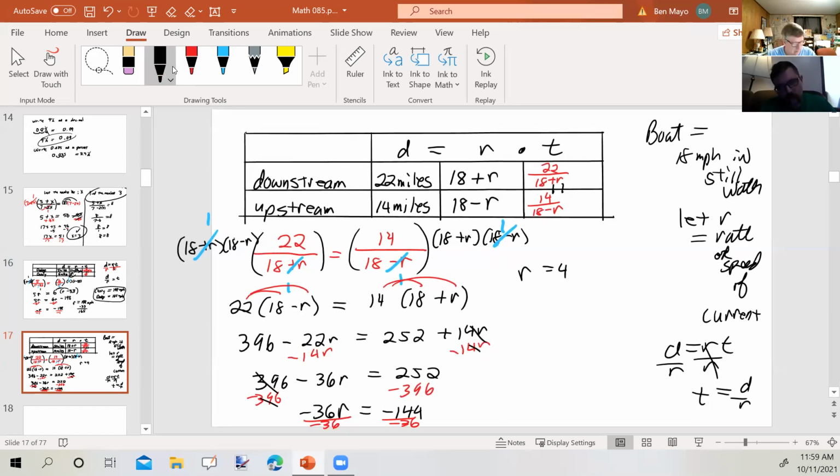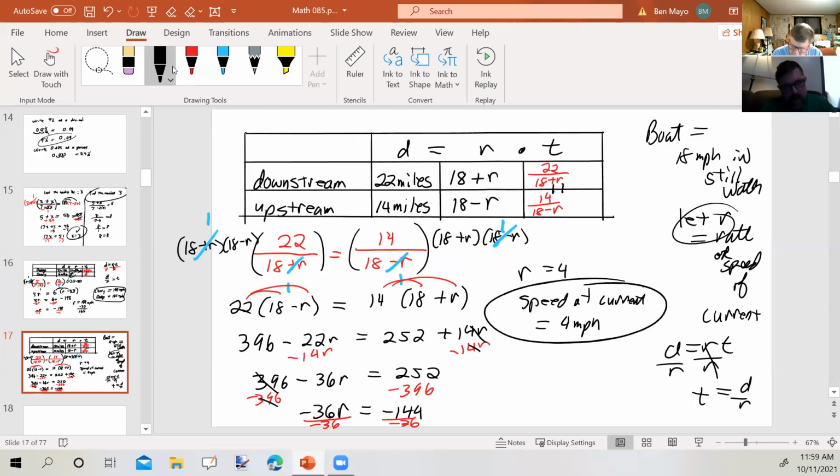Now, it said find the speed of the current of the river, which was R. So speed of current equals 4 miles per hour. We okay with that? All right.